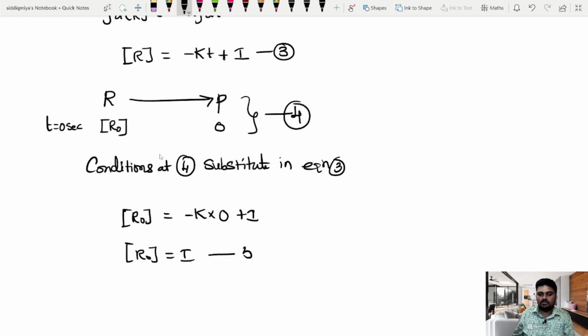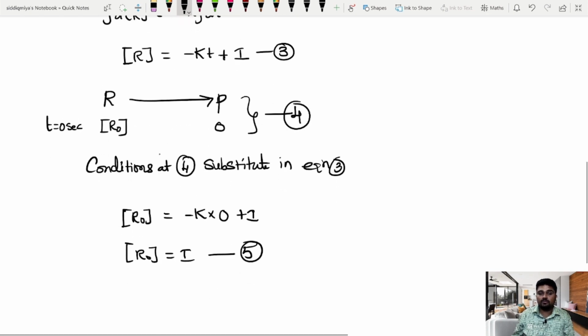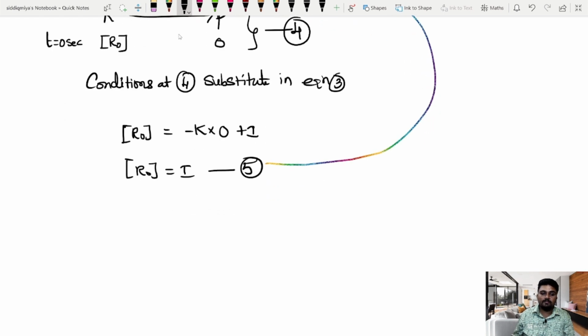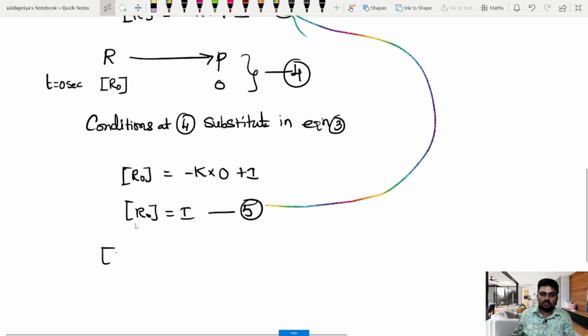This is equation 5. Now equation 5 we have to substitute in equation 3. Right, now what will happen here?